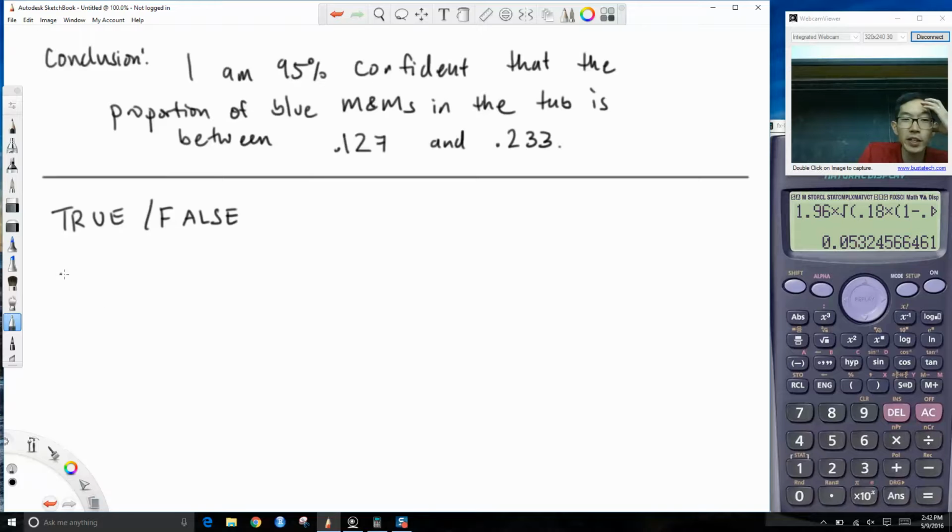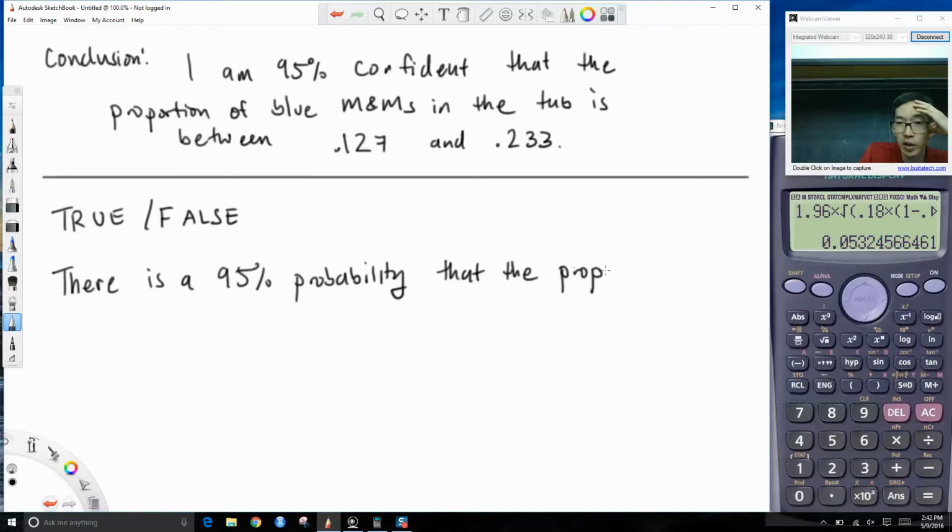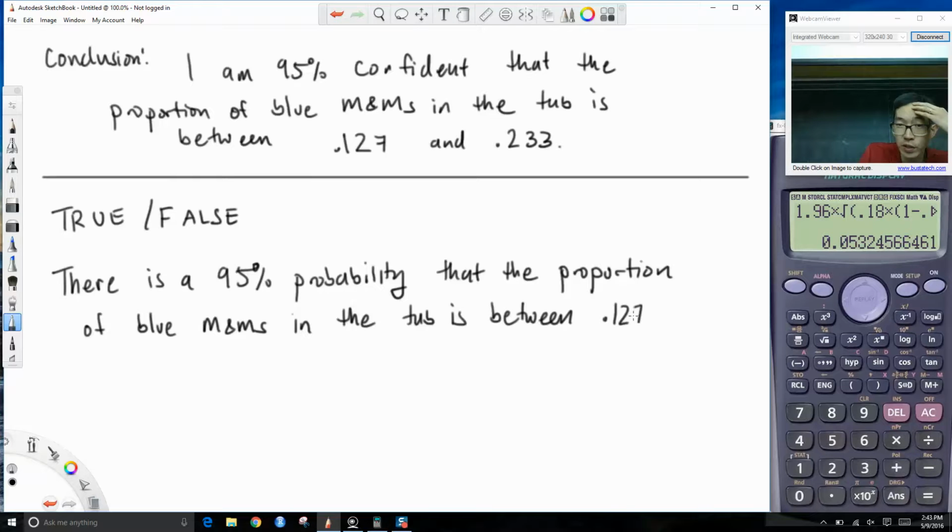Can I say there is a 95% probability or 95% chance that the proportion of blue M&Ms in the tub is between 0.127 and 0.233?